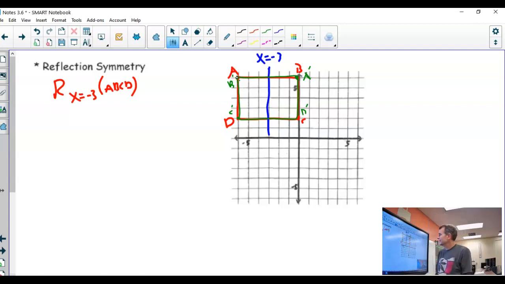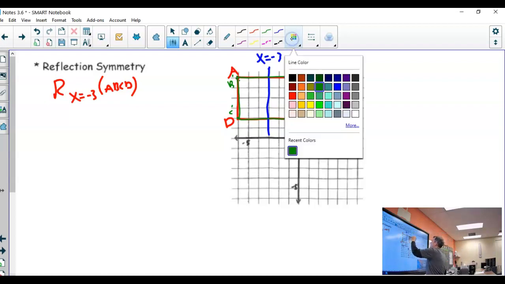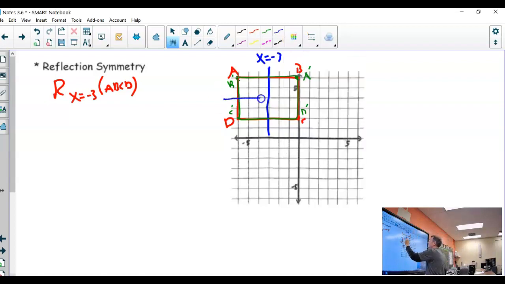That x equals -3 is a line of symmetry because it makes the rectangle end up in the exact same place. There would also be a line of symmetry right here, the line y equals 4.